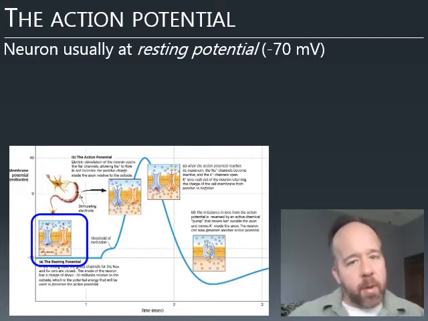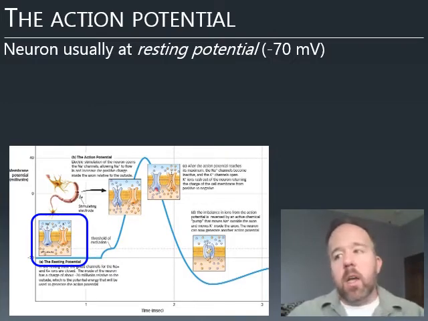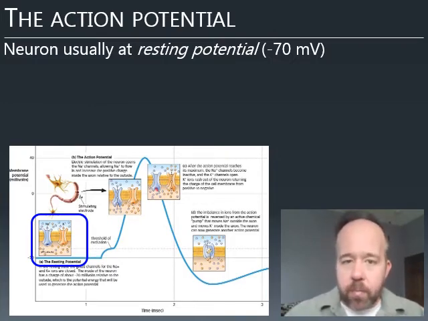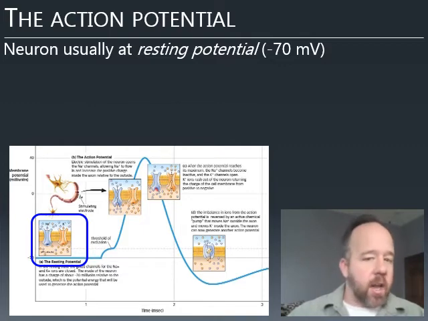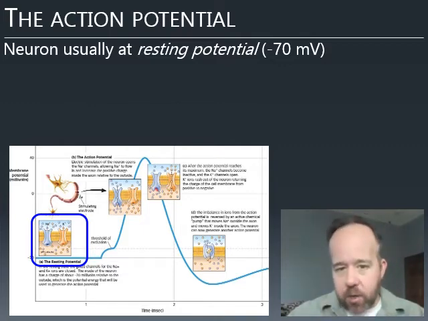But what ends up happening is when the neuron's not really doing anything, when it's resting, it is at its resting potential. And that is the difference in charge when the neuron isn't signaling. And that difference in charge is measured in millivolts, thousandths of a volt. So as it happens, neurons, for the most part, have a resting potential of minus 70 millivolts.